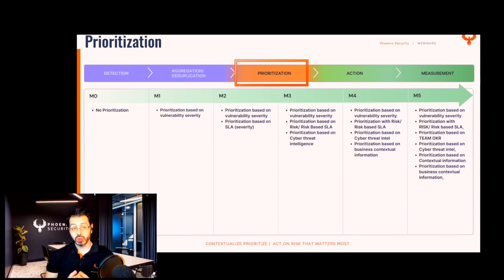A critical vulnerability like Log4j on a system that is externally exposed should probably be looked at first, before a critical vulnerability that is sitting in an internal system. The challenge with SLAs is that those two vulnerabilities will still need to be resolved within the 3 days.